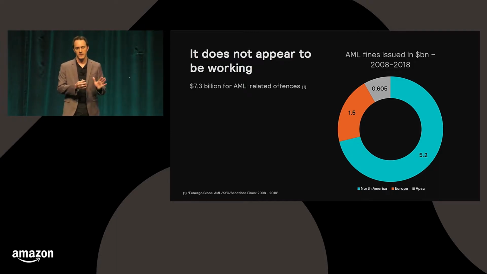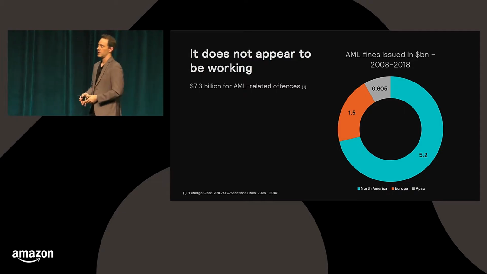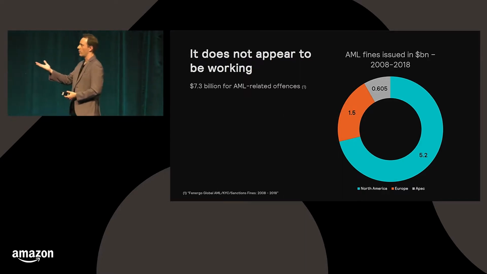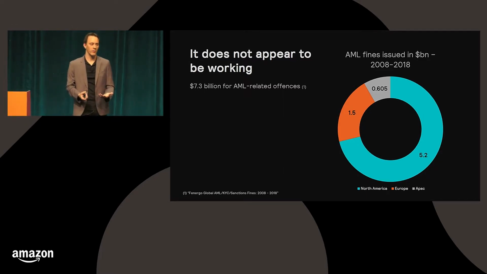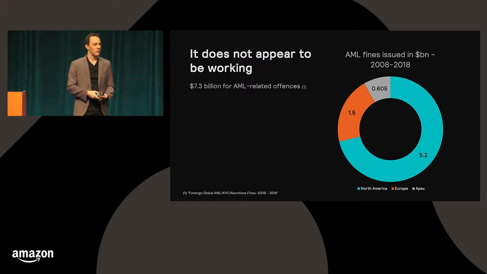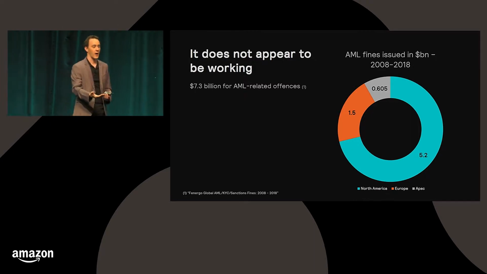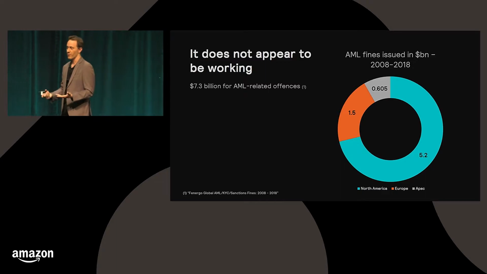Of that, 7.3 billion is specifically related to anti-money laundering policies. There are regions and countries like North America and Europe that represent a larger amount of those fines, and this is related, of course, to how hard the regulators push policies to the financial institutions. So higher regulated countries tend to receive more fines.